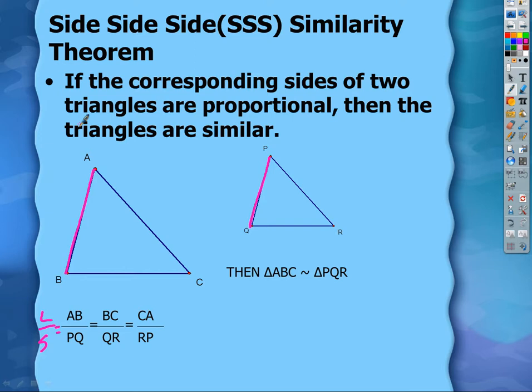AB over PQ, if that's in the same ratio as BC over QR, and that's also in the same ratio as CA over RP, so if all the color coordinated sides are proportional to each other, then guaranteed the triangles are similar. Okay? So that's one of them we get.